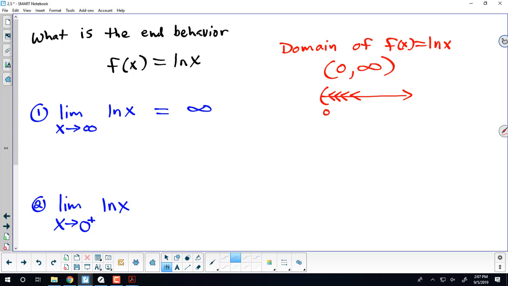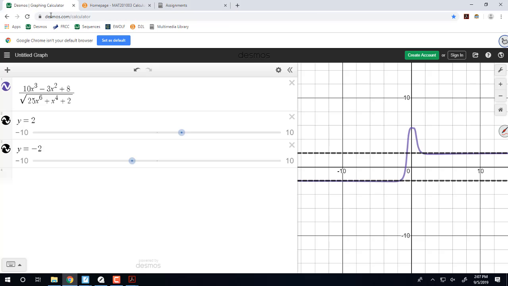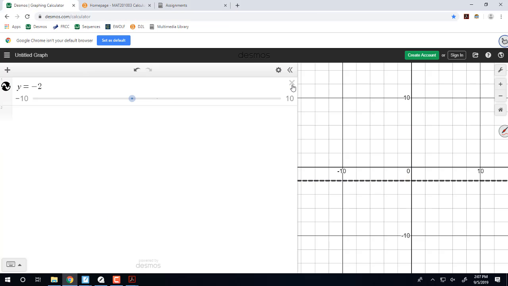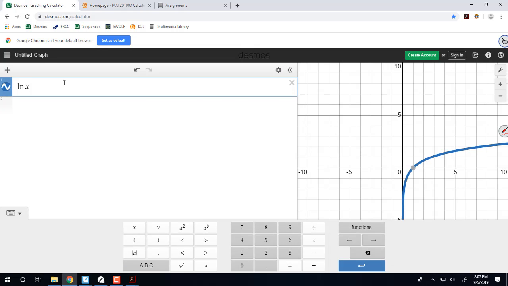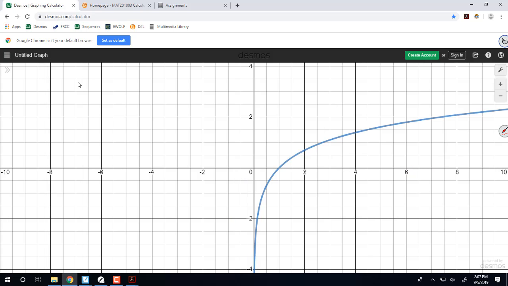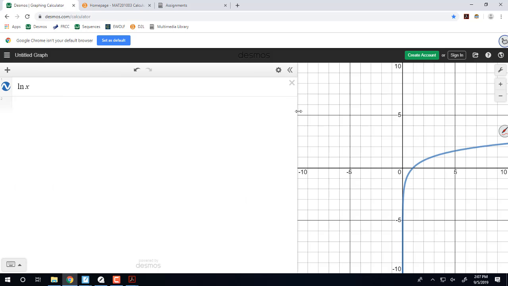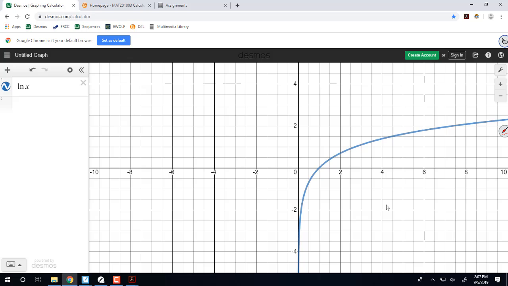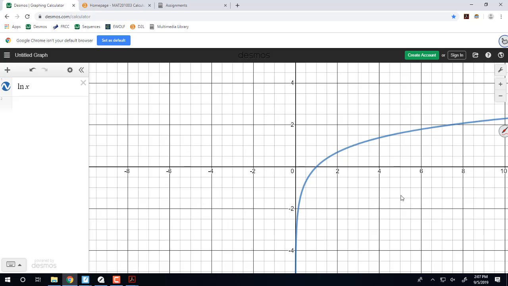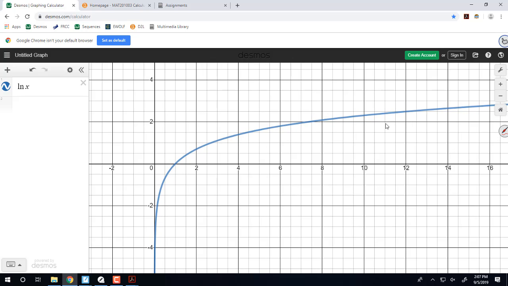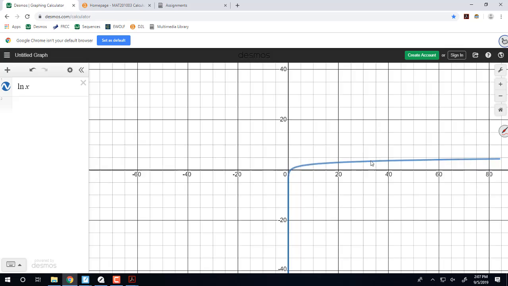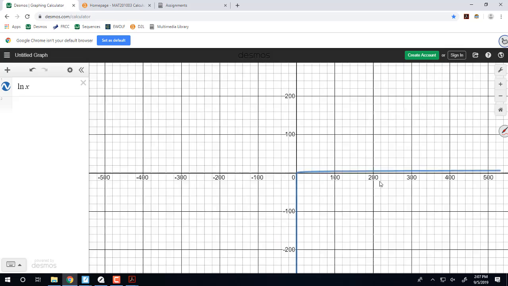The problem with the natural log, or logarithms in general, is that they grow very, very slowly. If we look at it from this perspective, we can see there's definite growth. It's not leveling out. But the slowness of growth becomes really apparent when we zoom out.